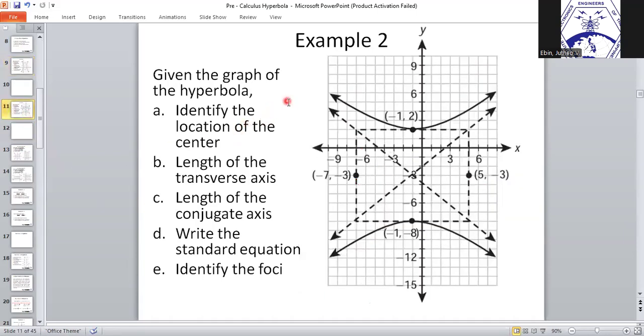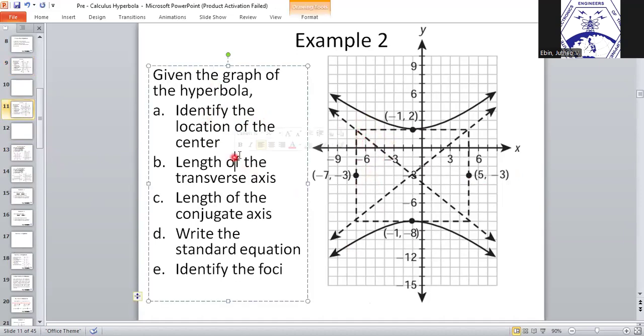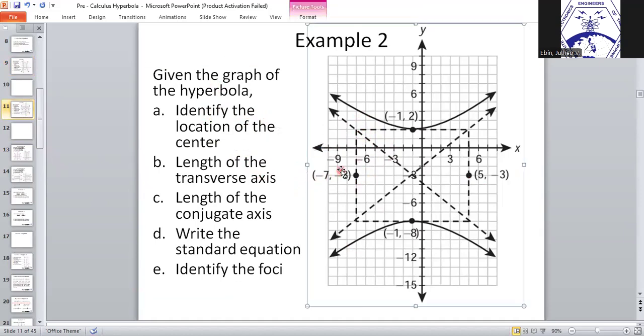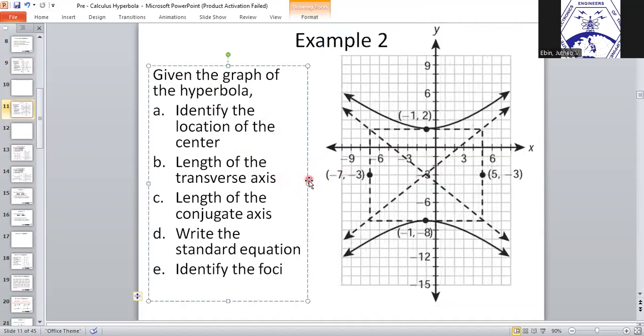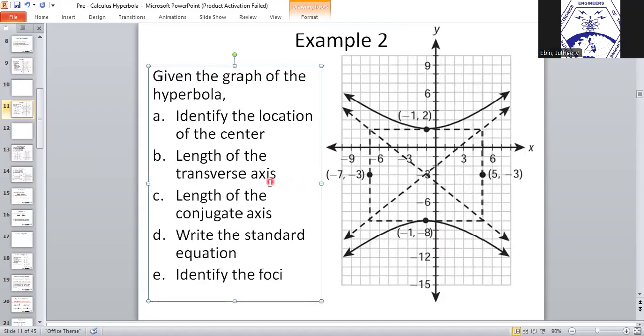Next, example number 2. So we have the graph of the hyperbola, and katulad din ng una, we are asked to identify the location of the center, the length of the transverse axis, conjugate axis, standard equation, and identify the foci.